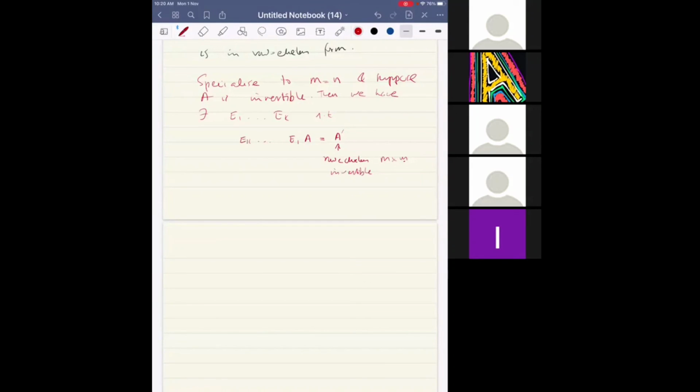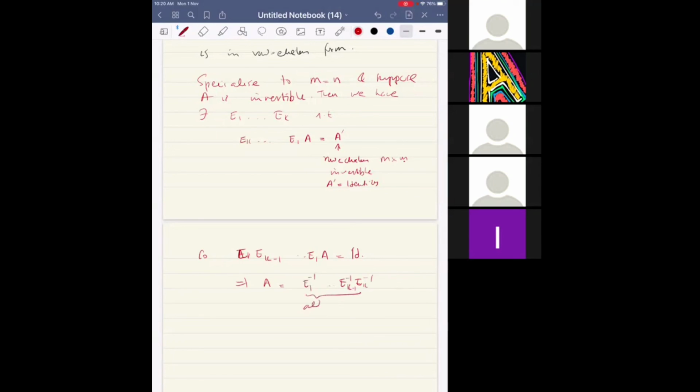So A prime is identity. So EK through E1 A is identity, which implies A is E1 inverse up to EK inverse.